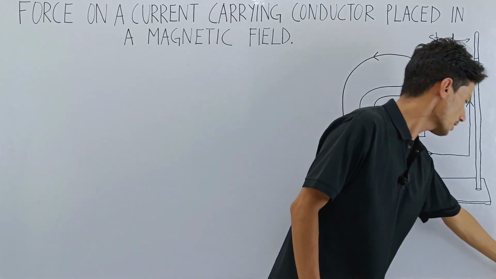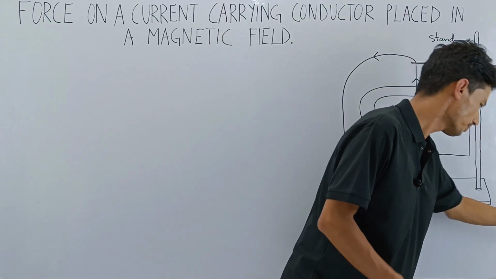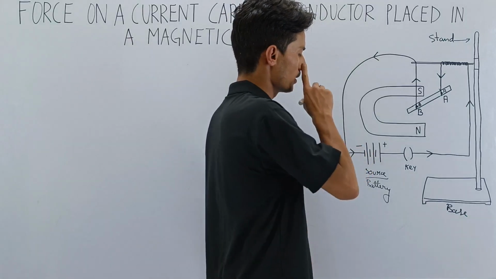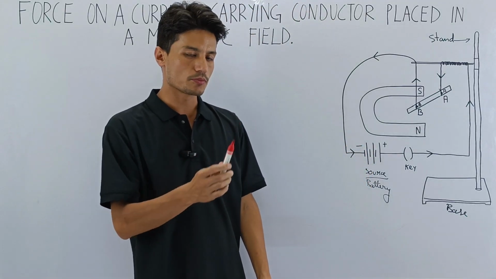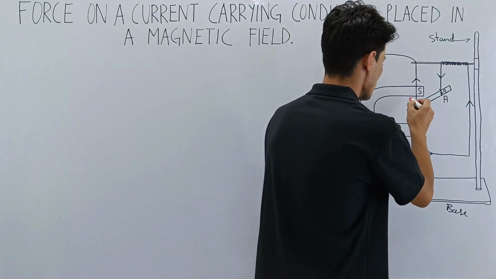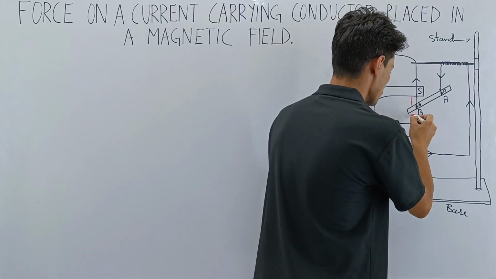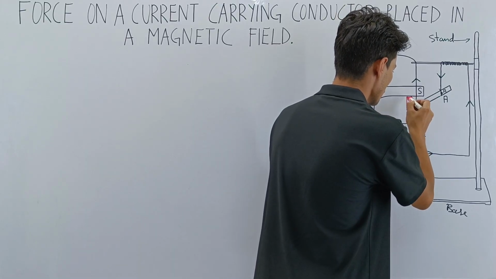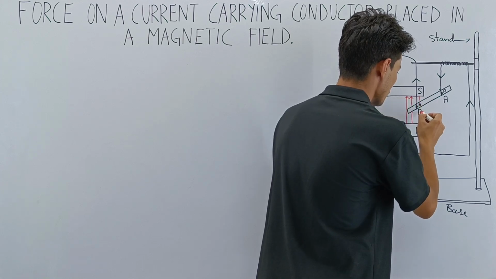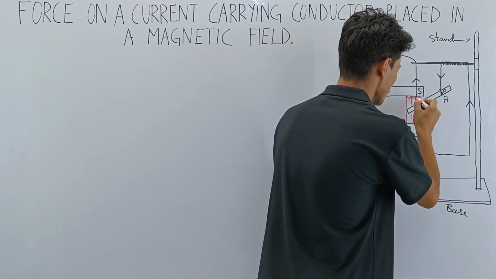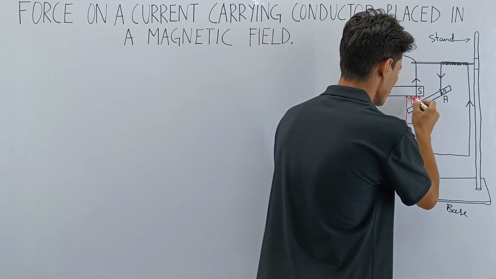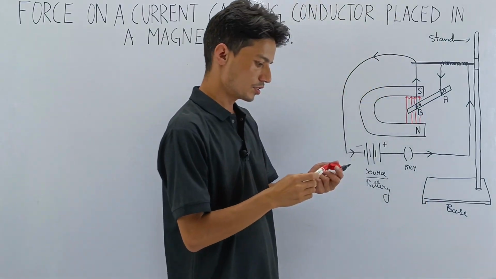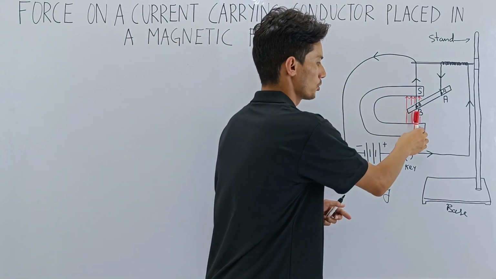Now let us do some important things. Let me show you the magnetic field. Remember, magnetic field lines always move from north to south. The direction of the magnetic field lines from the magnet will be like this, always from north to south.